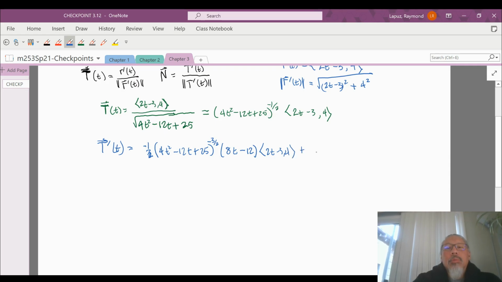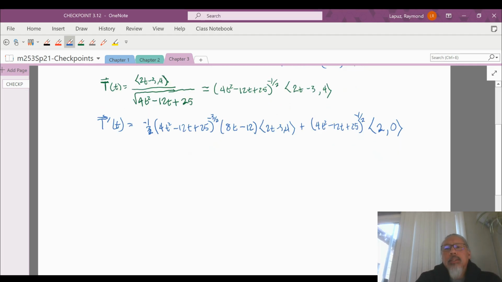I'll continue on with the product rule. We need to write down just the first term, 4t squared minus 12t plus 25. This is raised to the negative 1/2 power. Now we take the derivative of the second term, which is just going to be (2, 0). Okay.